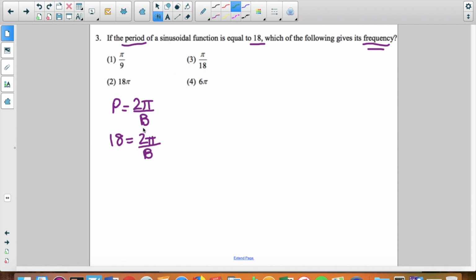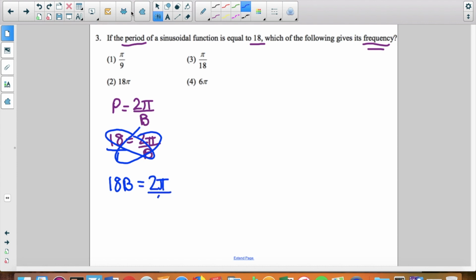To solve this, what you can do is you could put 18 over 1 and cross multiply. So we have 18 times b, which is 18b. And then we have 2 pi times 1, which is just 2 pi.